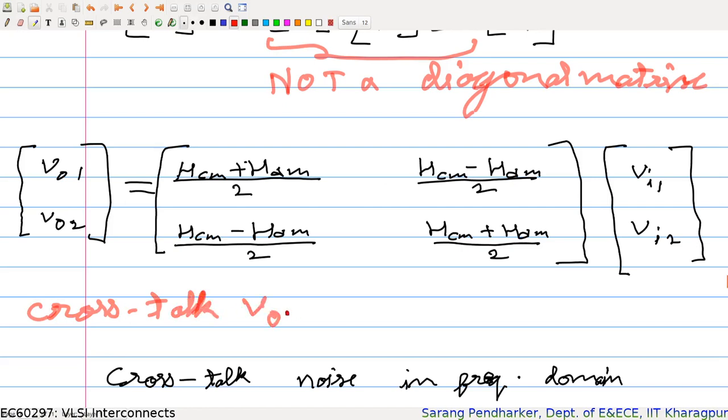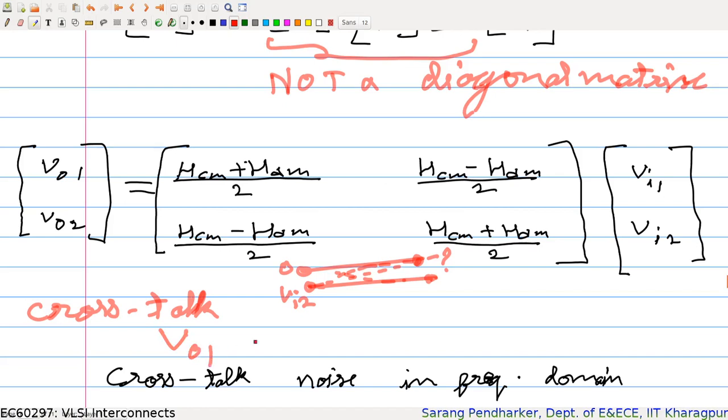My crosstalk is V out 1, where I have two interconnects, right? So here I am giving a 0 input, and then here I am giving some V in 2. So my crosstalk would be, here there is 0. So the crosstalk would be whatever comes out at this point, when there is a coupling between these two. From here to here, what will be the coupled noise, coupled signal?